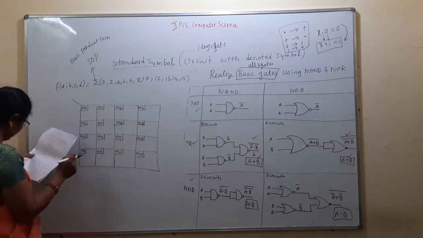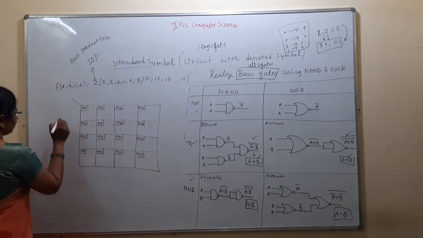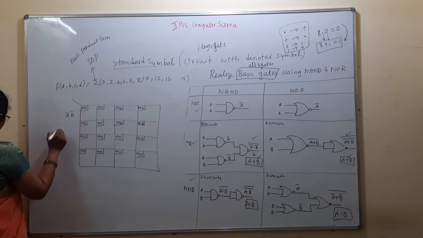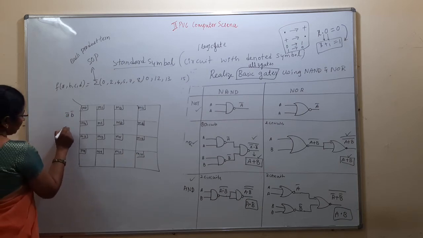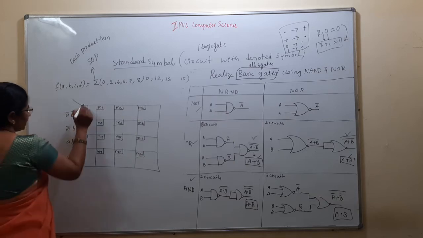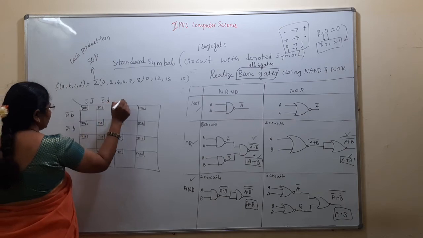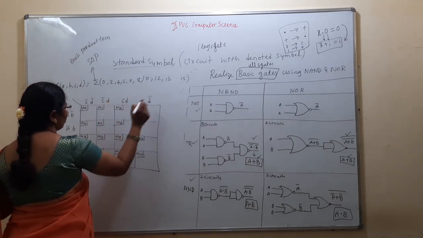M14. Is 14 there? No, 14 is not there. Only 15 is there. A complement B complement, then A complement B, AB, AB complement. Here C complement D complement, C complement D, CD, CD complement.